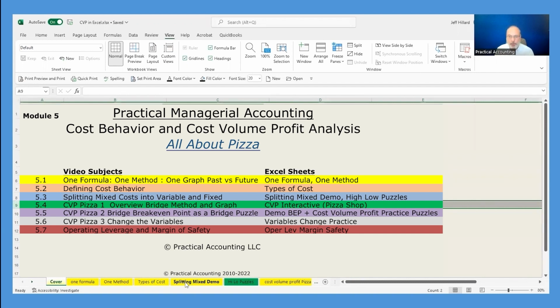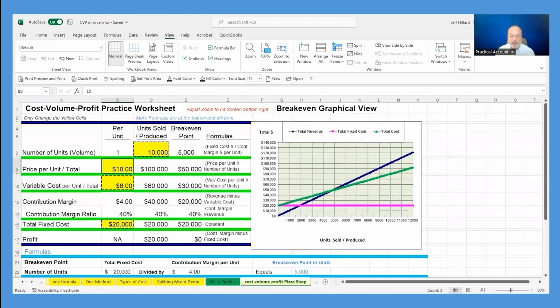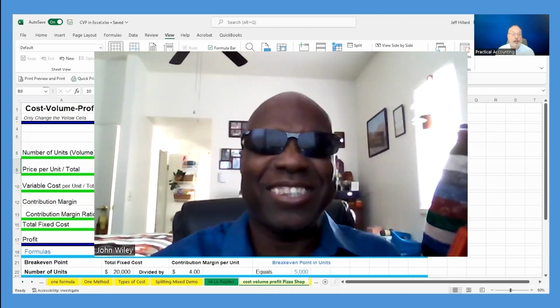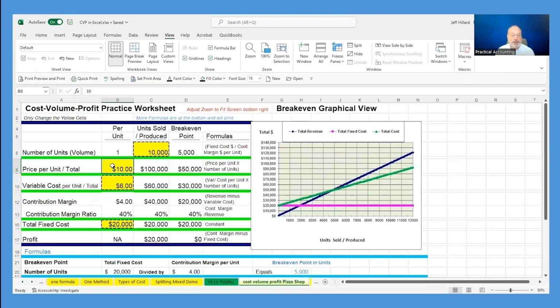Now we know what our cost structure is, and we can start actually using it for forecasting and analysis. I'm excited. You don't sound too excited to me. This is actually my favorite little Excel sheet, and this also comes available with you. So we have the same example, 10,000 pizzas.